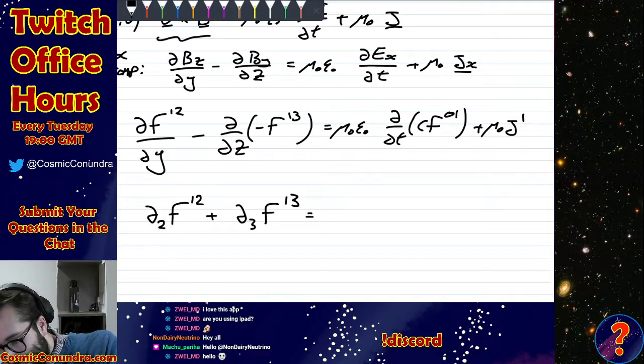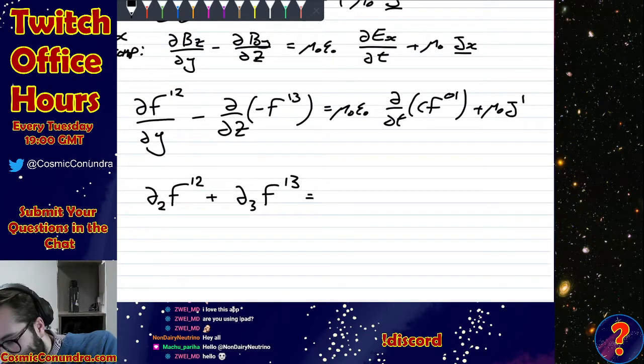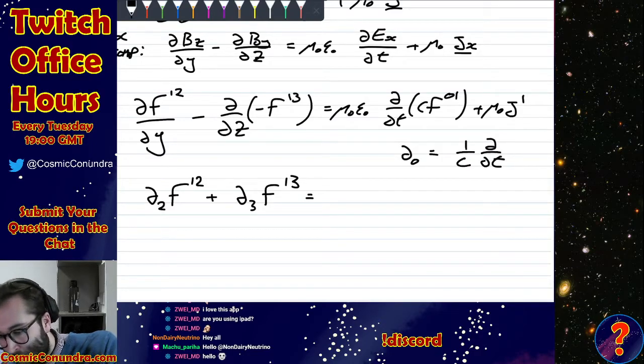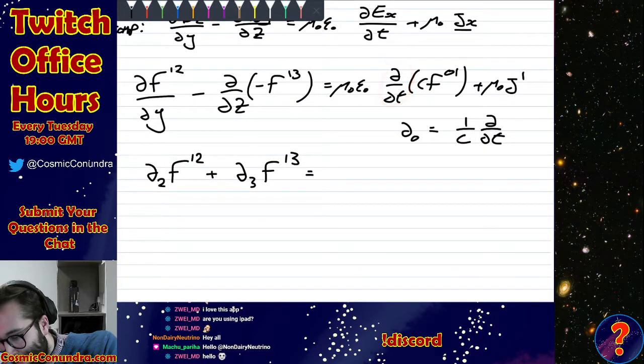And then on the right hand side, what I'm going to do is write d0 is equal to 1 over c d by dt. Okay, so that means this d by dt here I replace by c times d naught, like this.